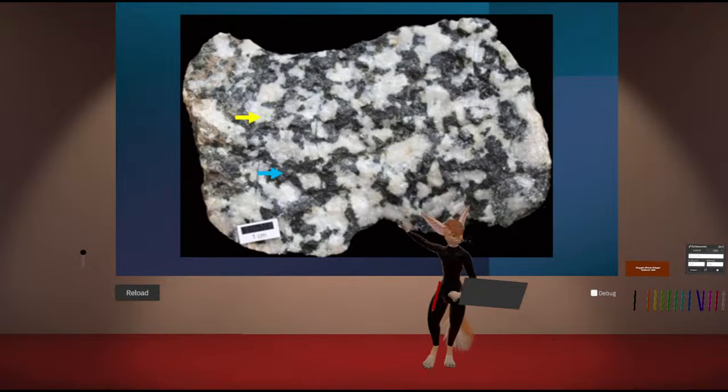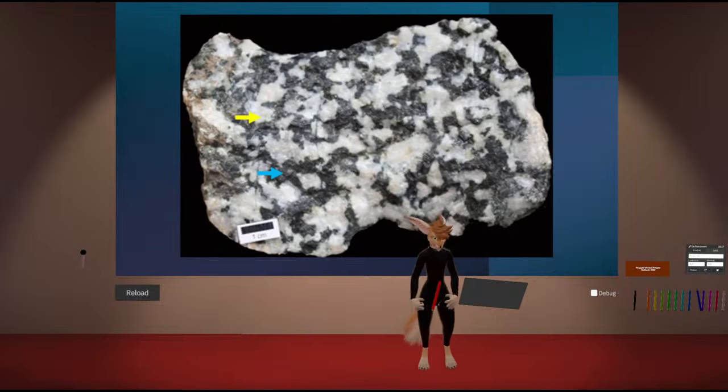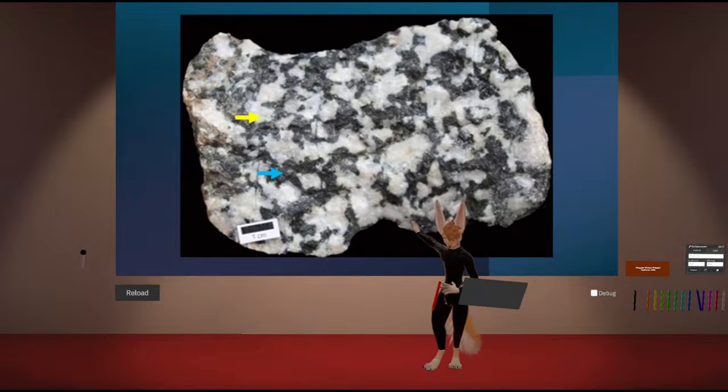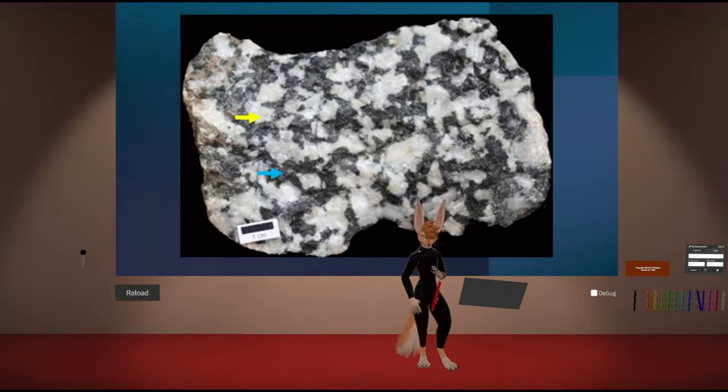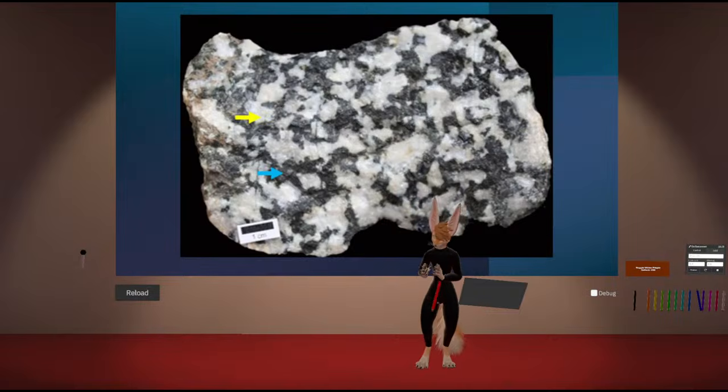So, diorite, it's an intermediate silica rock with large crystals. The yellow arrow is pointing at the plagioclase, and the blue arrow is pointing at the dark mineral, which is the biotite. There is not enough silica to form quartz.